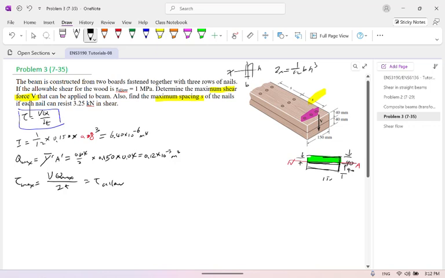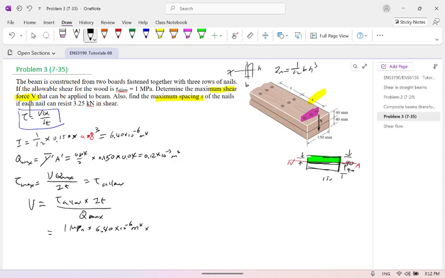So we manipulate this equation: V will be equal to tau allowable times It over Q max. So we use 1 megapascal times I, over t.